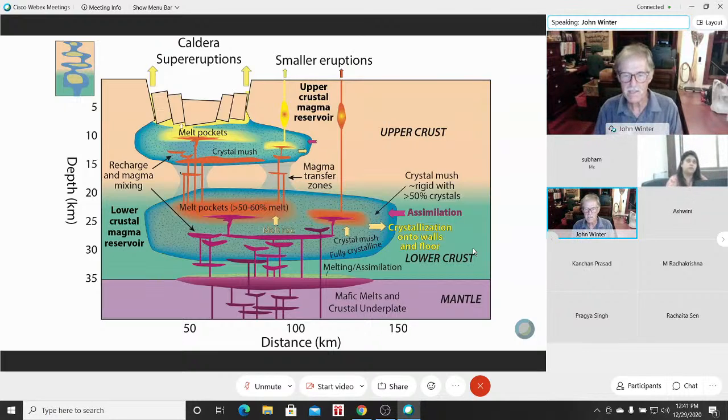But if you look at the timing over at least the last few thousand years, the Kilauea eruptions have spent more time with ash and pyroclastics than with lava flows, even though we tend to see the lava flows more.